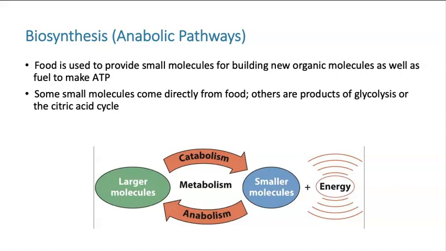So with our catabolism, we can make smaller molecules to make energy, but we can bypass that energy. We don't have to send them to make ATP. We can use them to build larger molecules, specifically the ones that we need for our body's needs. So some molecules that we need can come directly from food. Others are products of glycolysis or the citric acid cycle.